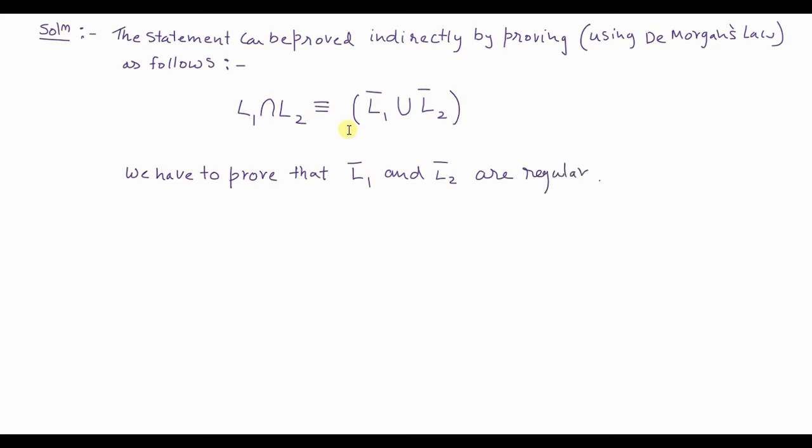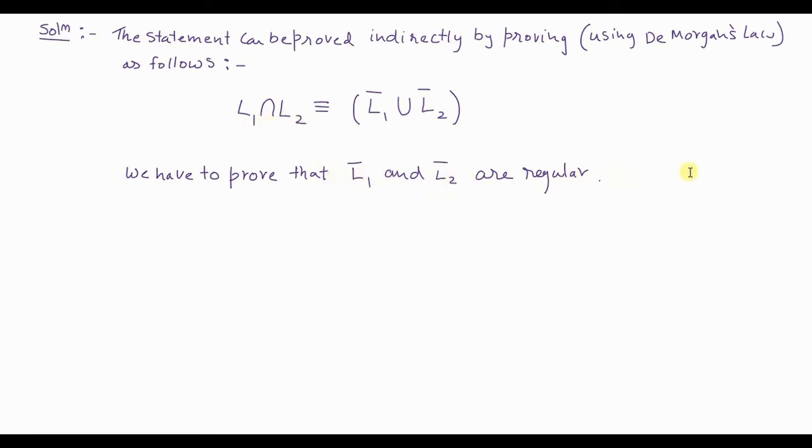Now we have already seen proof number 2, wherein we said if L1 is regular, then L1 bar is also regular. So a student will have to write that proof, okay, and show that since L1 and L2 are given as regular languages, L1 bar and L2 bar are regular.